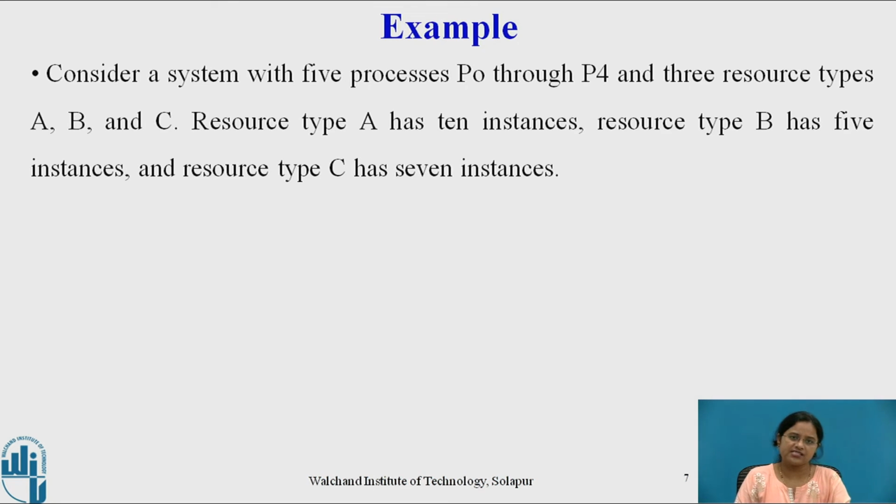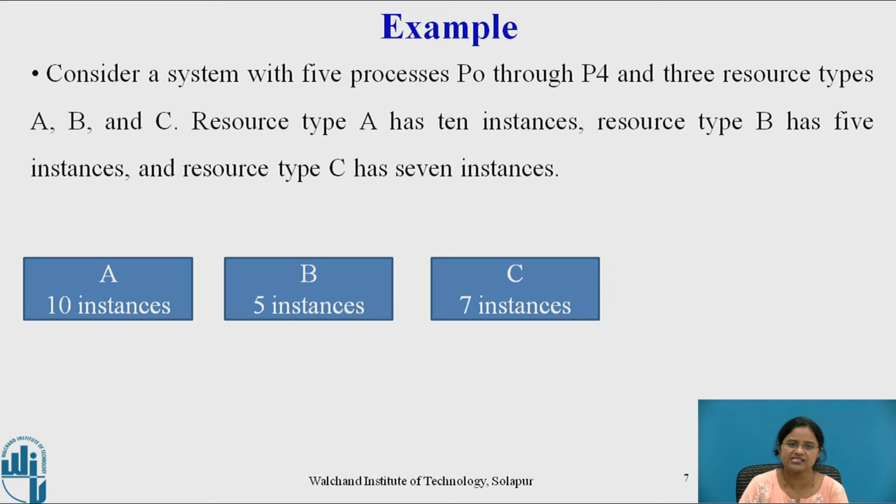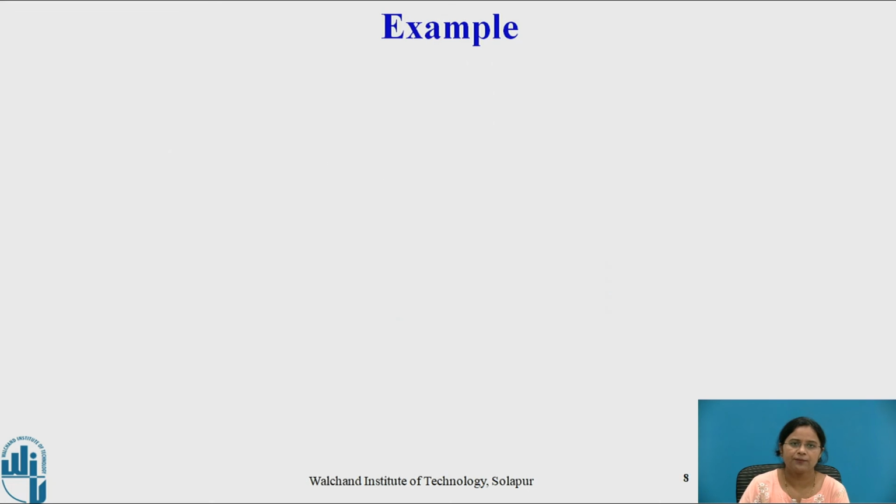Now consider one example here. Suppose we have 5 processes, P0 to P4, and 3 resource types. Resource type A has 10 instances, resource type B has 5 instances, and resource type C has 7 instances.